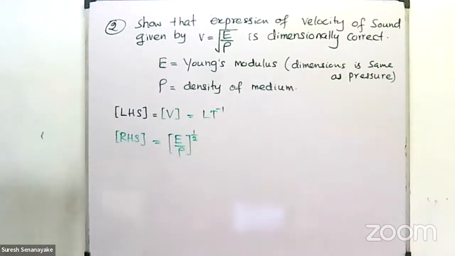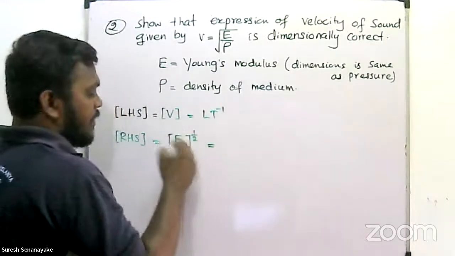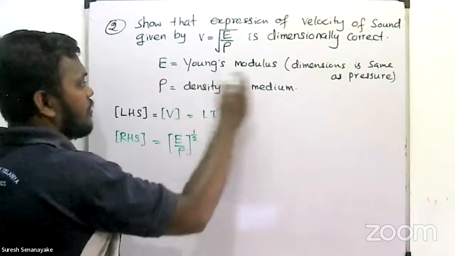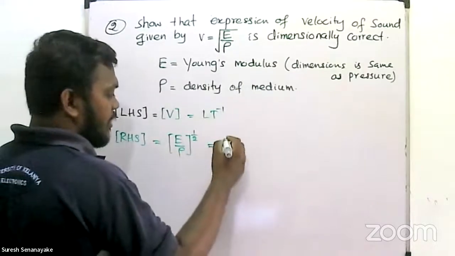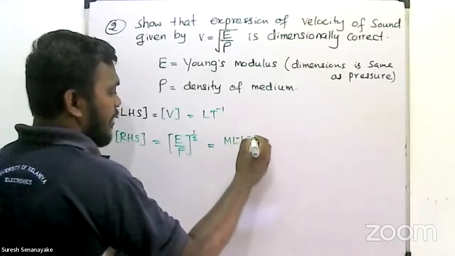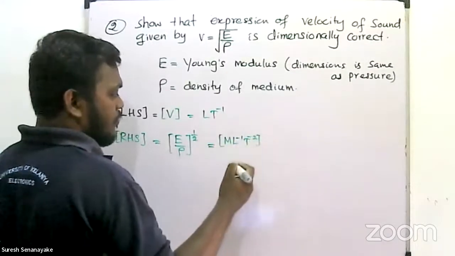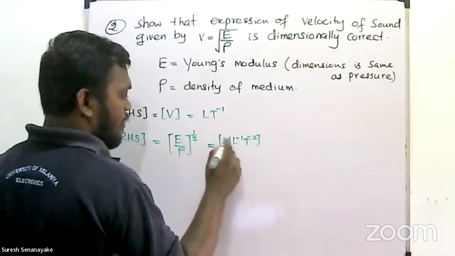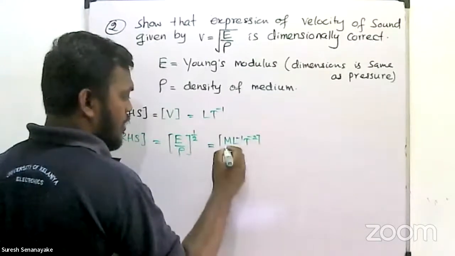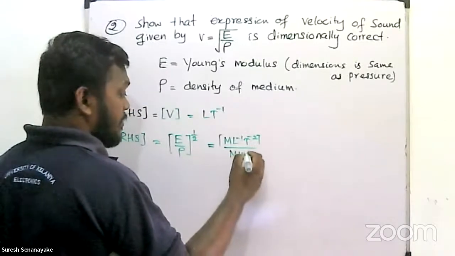The dimension of the elastic or Young's modulus is that of pressure, ML minus 1 T minus 2, divided by the dimension of density, ML minus 3.